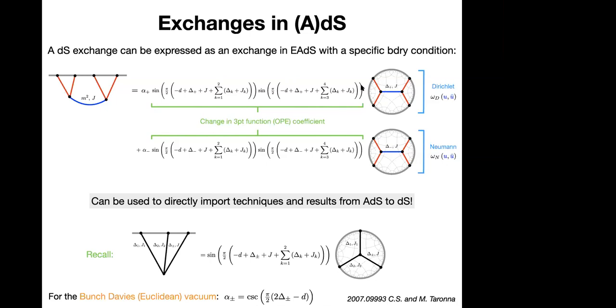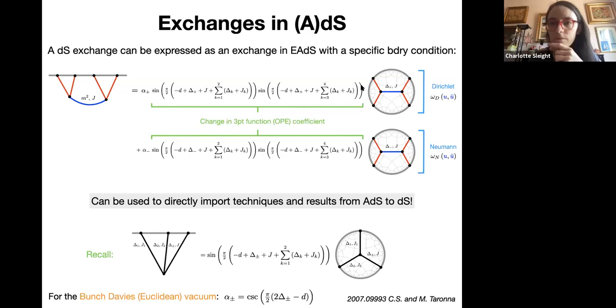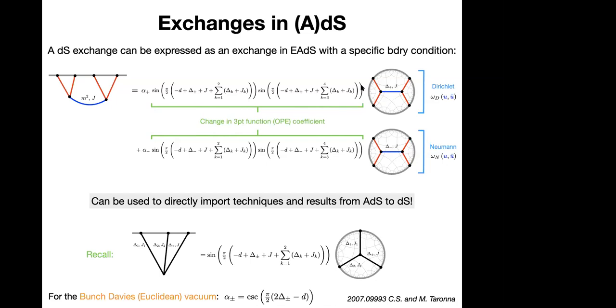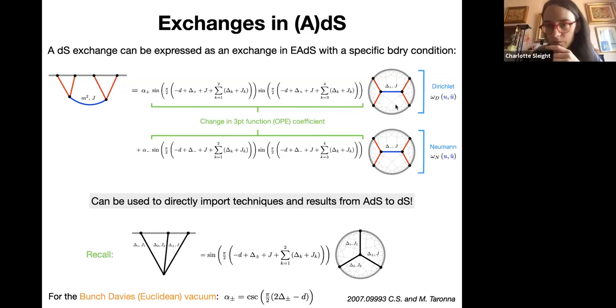Since you've related the de Sitter to the Euclidean anti-de Sitter answer, and we know already the Euclidean anti-de Sitter answer is like a conformal field theory answer. So can I also interpret this as saying that de Sitter is these sign factors times some conformal field theory answer? Can I just feed any Euclidean conformal field theory answer into this expression? You mean from AdS? It is physically consistent.